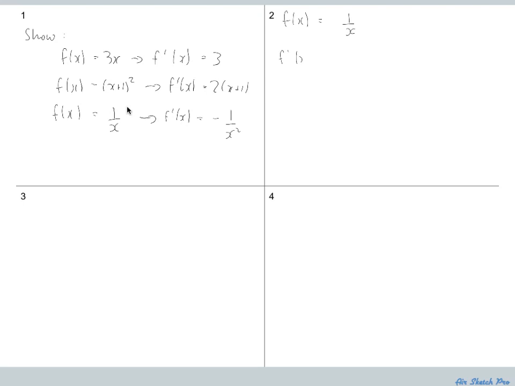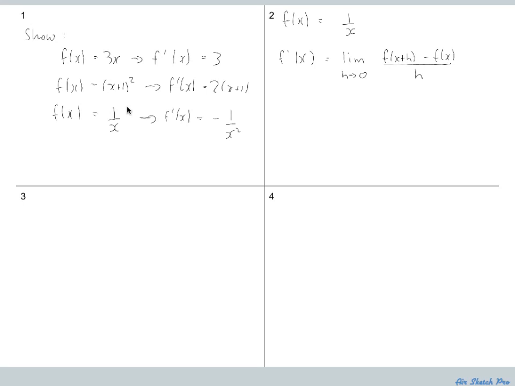F dash of x, we know, is worked out by considering the limit as h approaches 0 of the change in y over the change in x. And we know that when we go x plus h minus x, we're just left with h. So we always start, when we're doing this, with that particular statement.